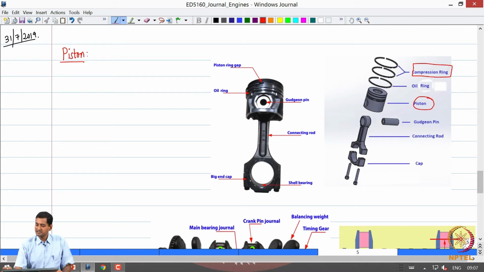Compression rings essentially provide a tight fit between the piston and the cylinder wall, to prevent any potential leakages. Then we have what are called oil rings. You will observe when you watch an engine that the piston moves up and down at very high speeds.